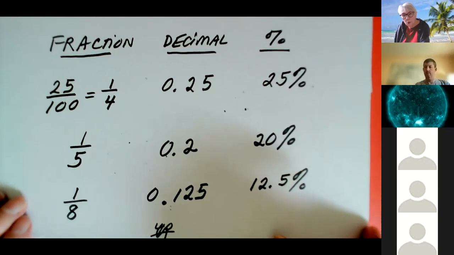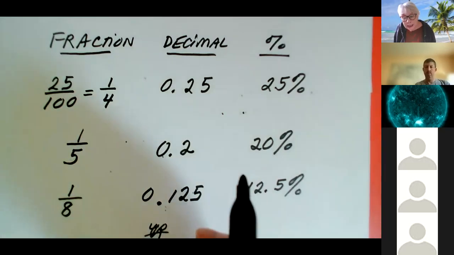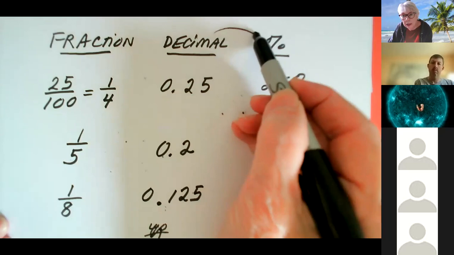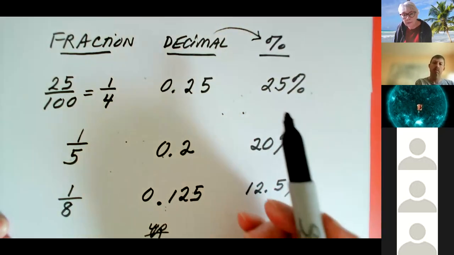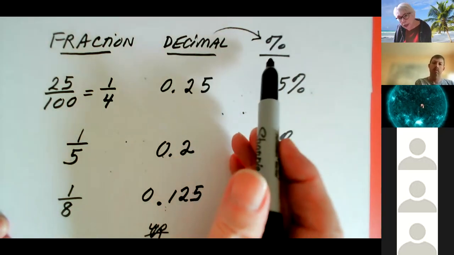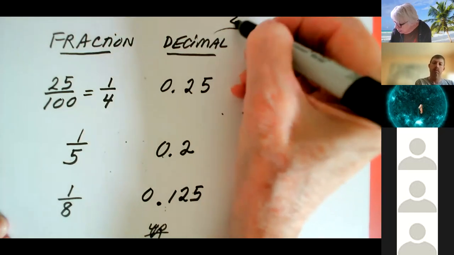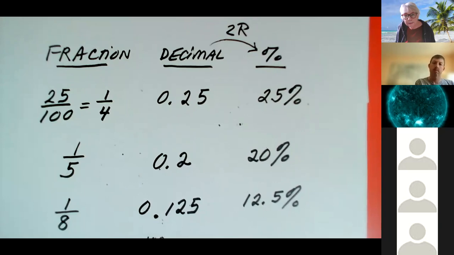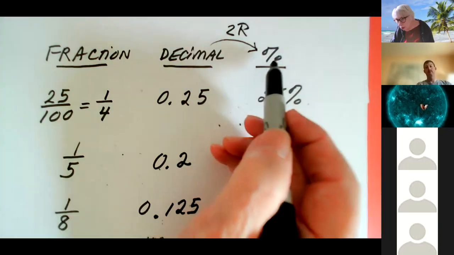So literally the way this chart was designed, when you're going from here to here, you have a decimal, you're going into a percent, you literally take it 2 places to the right.